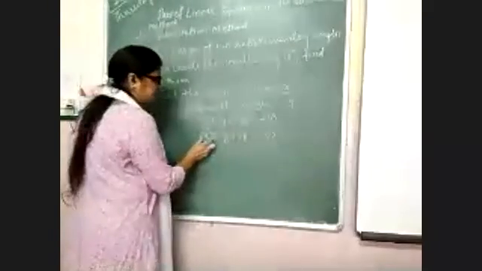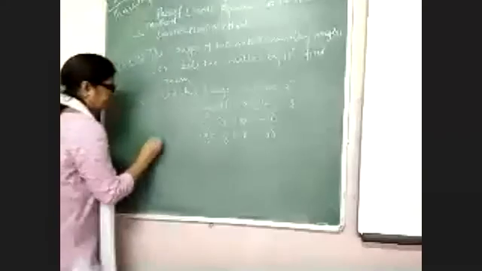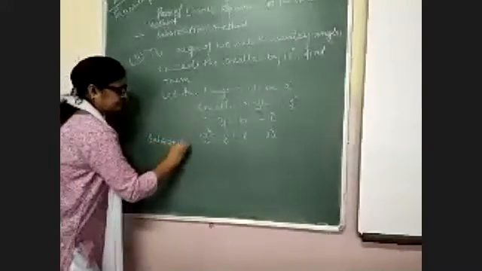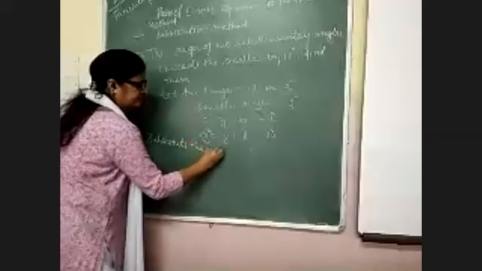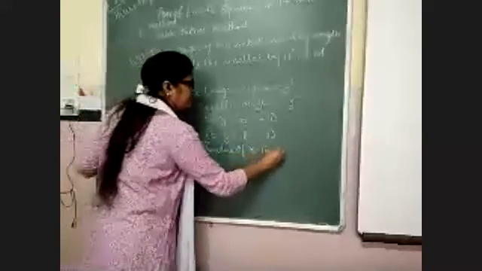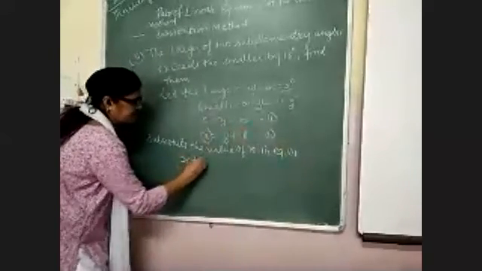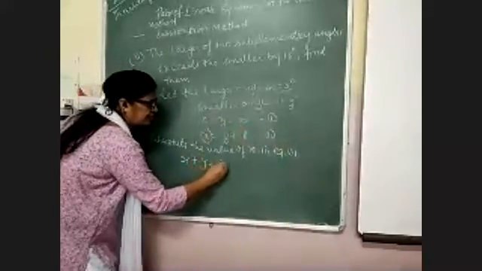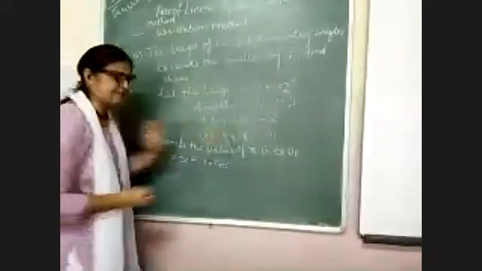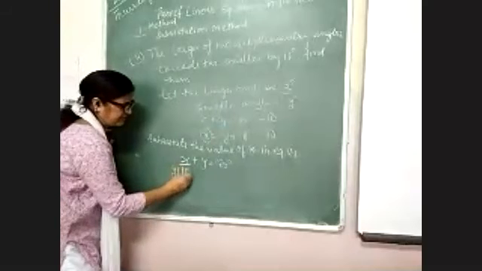You will substitute the value of x in equation 1. This is your first equation, x plus y equal to 180. Then the value of x is y plus 18. You put the value of x here, y plus 18.